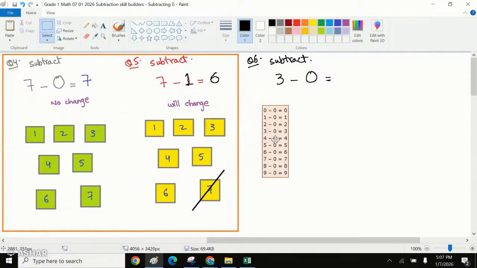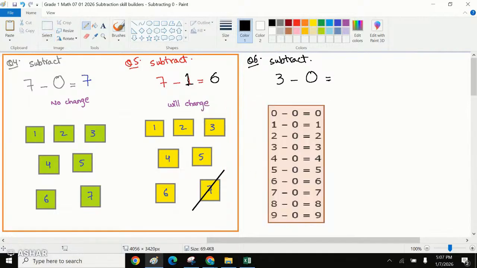And we can see this in the grid over here. If we had 3, if we were not subtracting anything from 3, right? It will stay as the same number as it was over here. It will stay as 3 because we subtract 0.